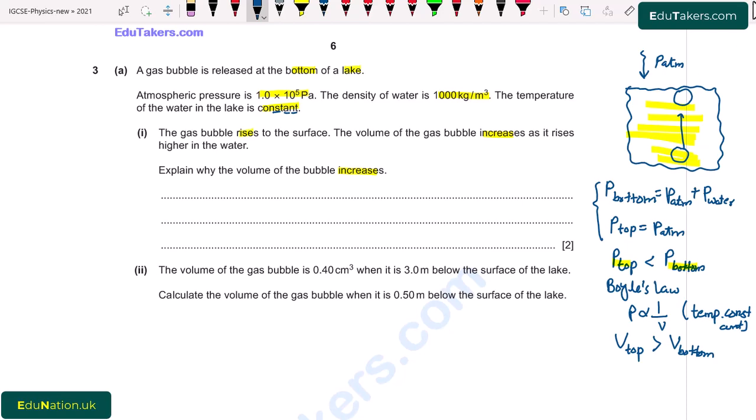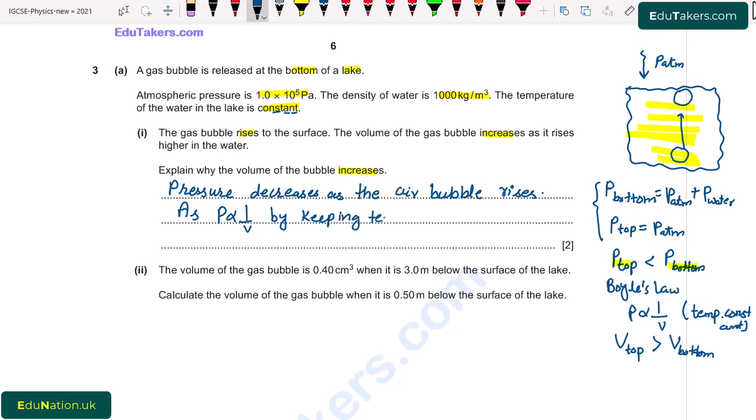So I write here, pressure decreases as the air bubble rises, and as pressure is inversely proportional to volume, by keeping temperature constant, which is according to Boyle's law, volume will increase as pressure decreases.